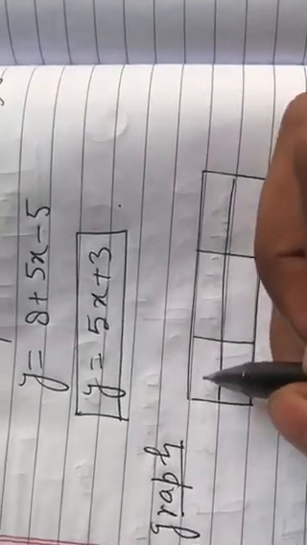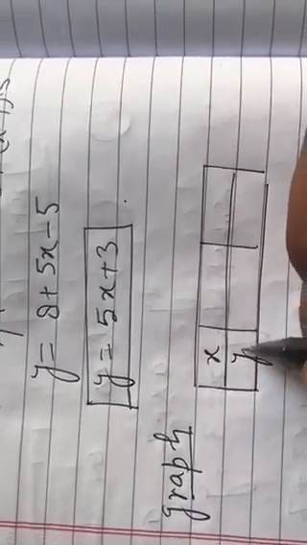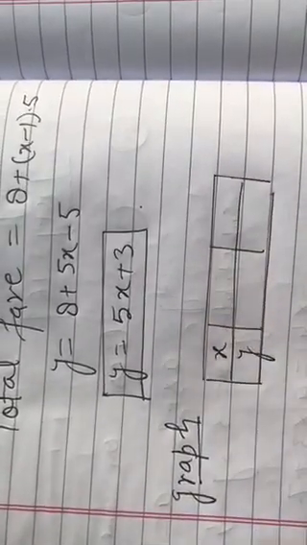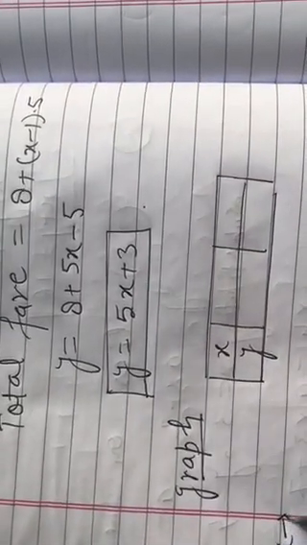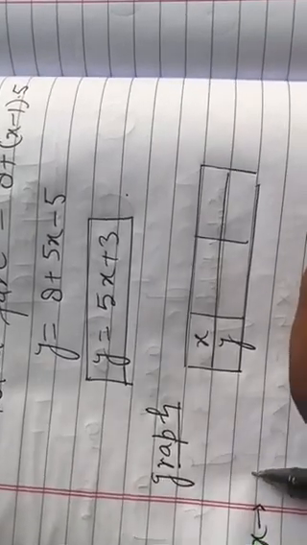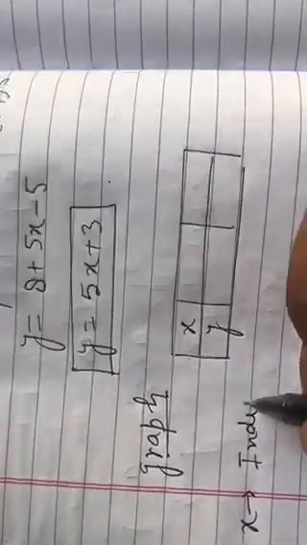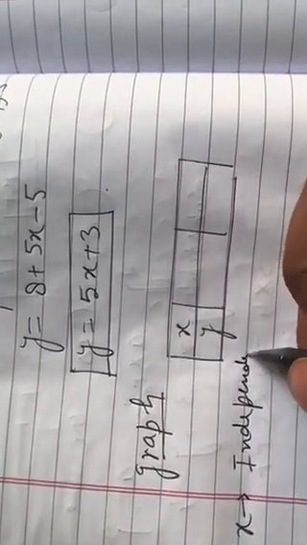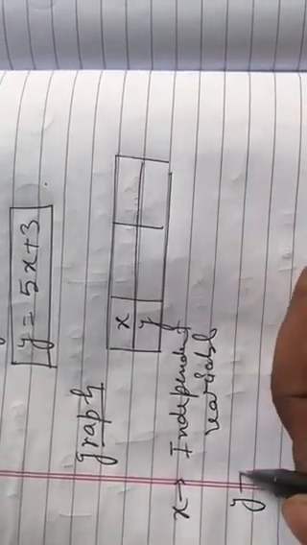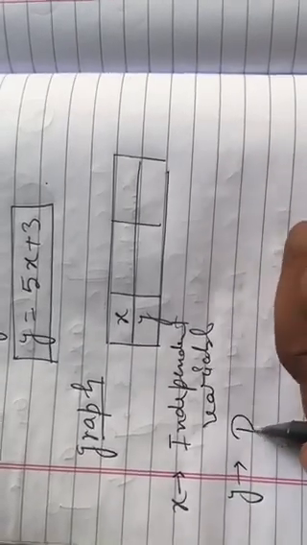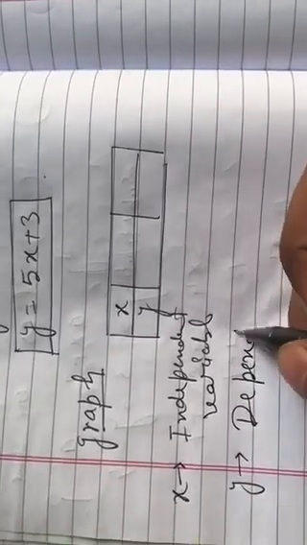One row for the x variable, another row for the y variable. In this kind of equation, x is always considered as the independent variable, and y is always considered as the dependent variable.